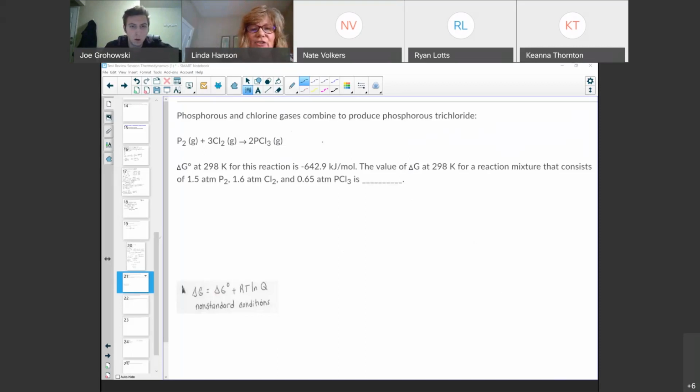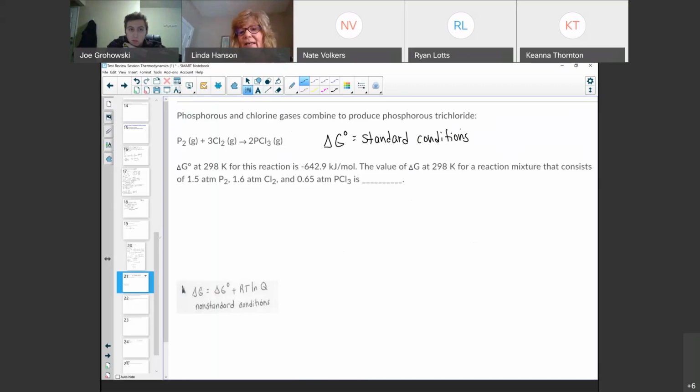And the delta G at standard conditions, and that's what you have to know, is that little superscript 0 stands for standard conditions. And as I mentioned, standard conditions are always 25 Celsius, 1 atmosphere pressure if it's in a gaseous form, 1 molar concentration if it's in solution form.